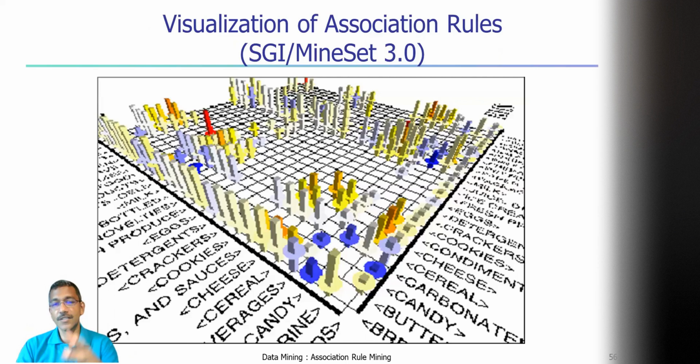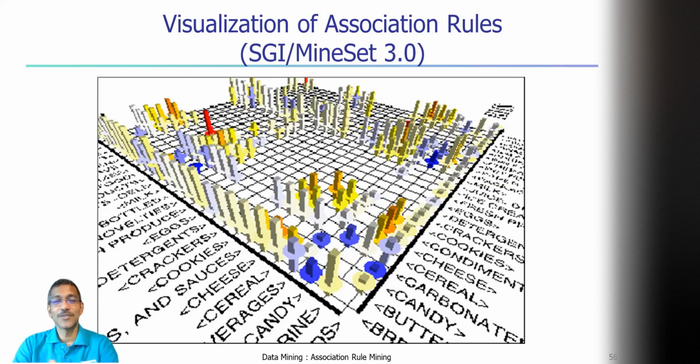Here is another visualization. Once again, I apologize for the crudeness of it. These are taken from the original slides of the textbook. I hope they have improved it by now; I took it a long time ago and I'm still using those slides.